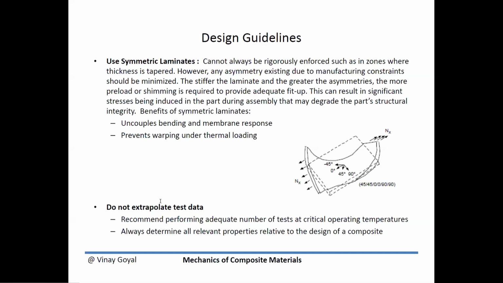So the stiffer the laminate and the greater the asymmetries, the more preload or shimming may be required to provide an adequate fit up during manufacturing. This can result in significant stresses being induced in the part during assembly that may degrade the part's structural integrity.